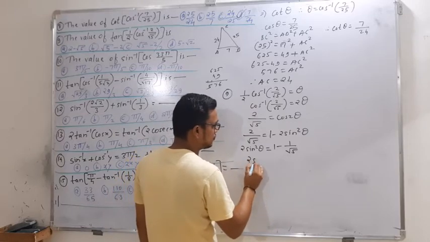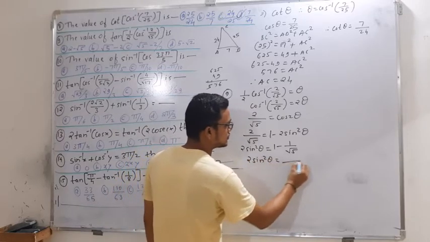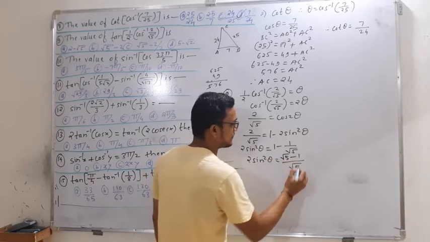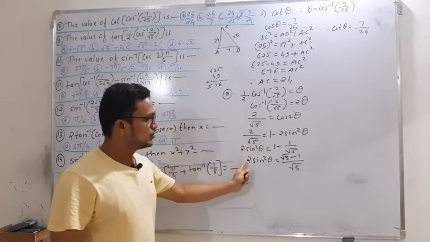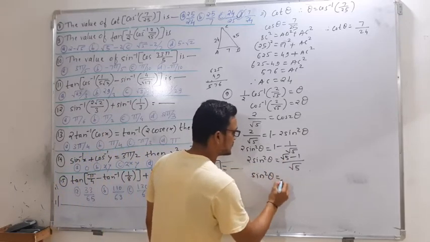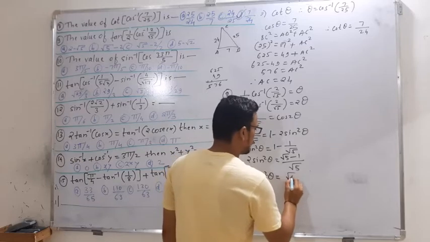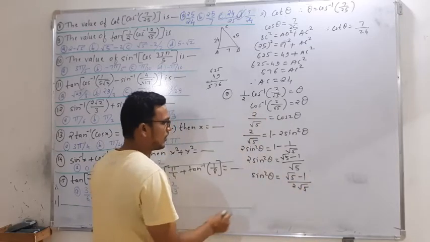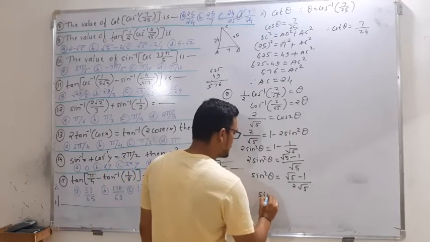So 2 sin square theta is equal to, with LCM root 5, root 5 minus 1 upon root 5. Dividing by 2, sin square theta is equal to root 5 minus 1 upon 2 root 5.